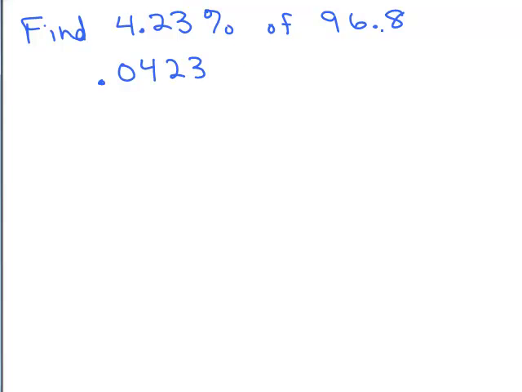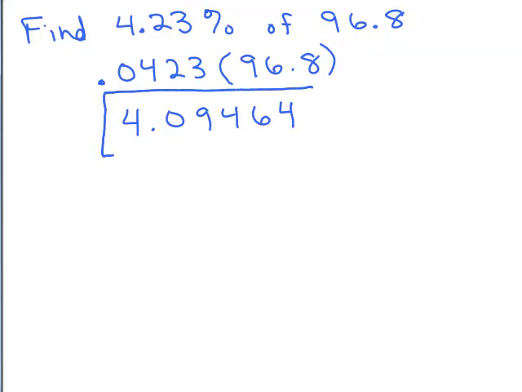And "of 96.8" means we're going to multiply by 96.8. So what do we get for our answer here? You just put that in the calculator. You should get 4.09464. So sometimes you definitely want to use your calculator to do the multiplication.